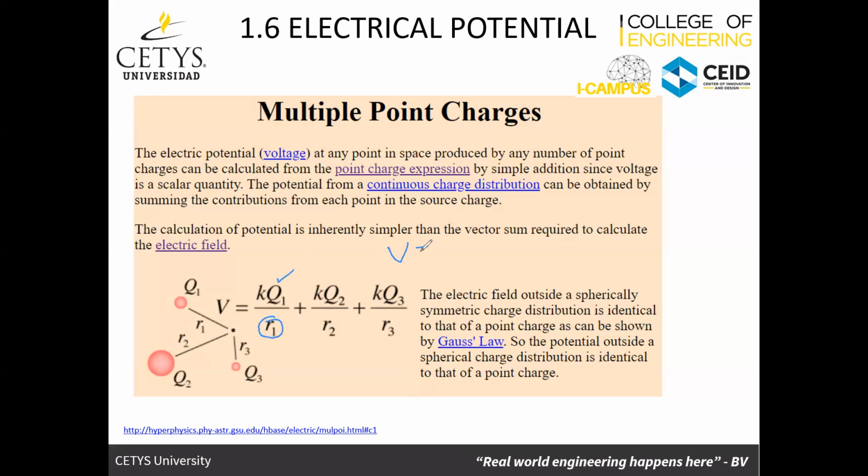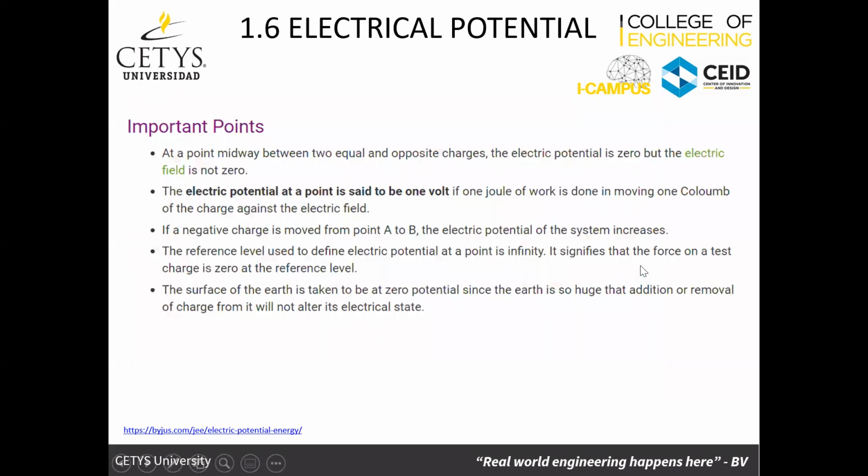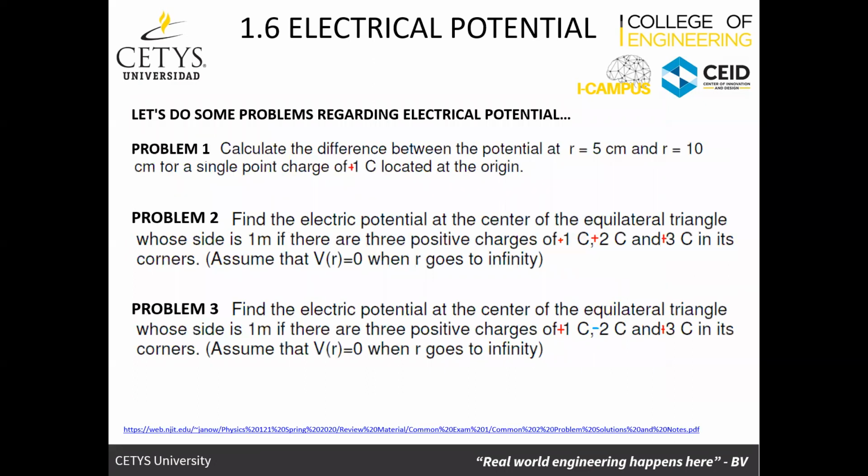So potential is equal to K, the electrical constant, times the charge divided by the distance to the point that we are analyzing. Okay.